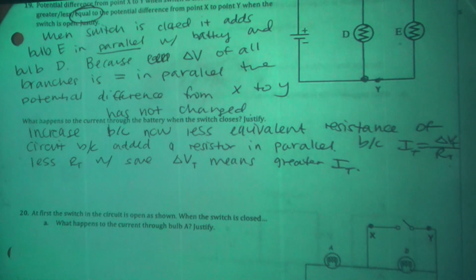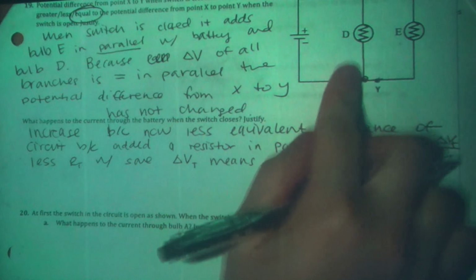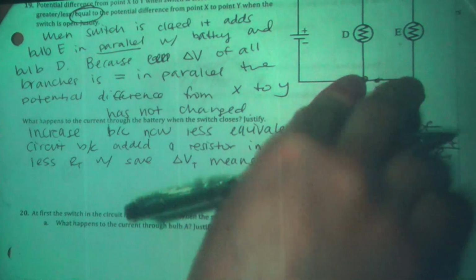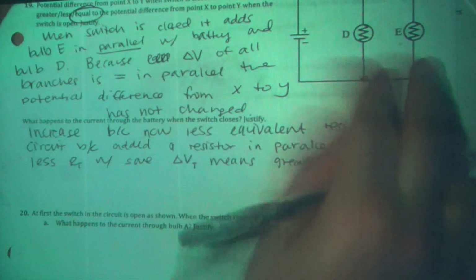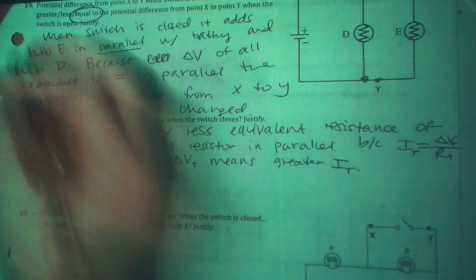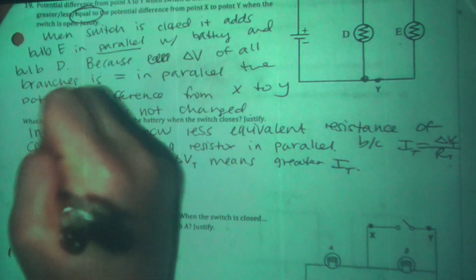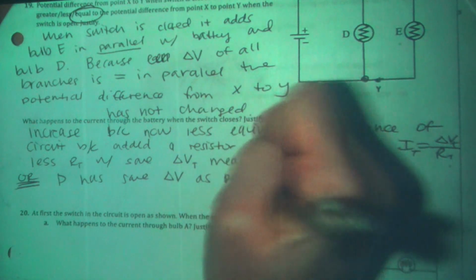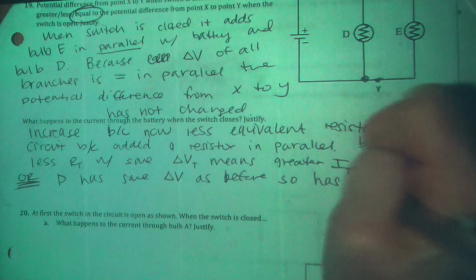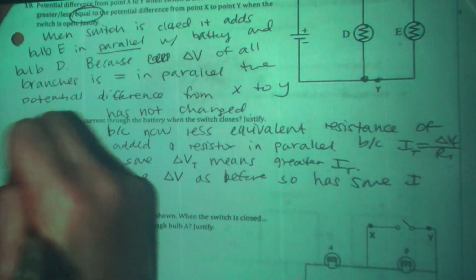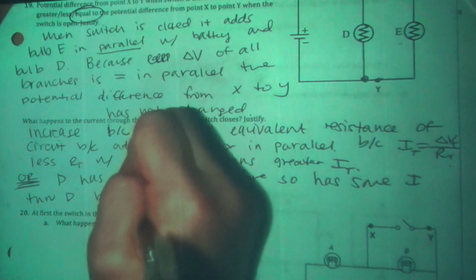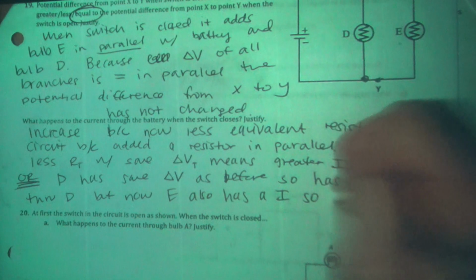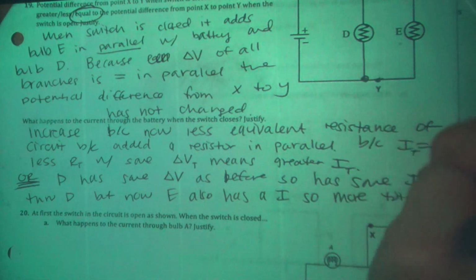The other way you can think about this is you know that the voltage across D hasn't changed at all, so D still has the same current, but now E also has a current. So D has the same potential difference as before, so it has the same current through D, but now E also has a current, so there's more total current through the battery.